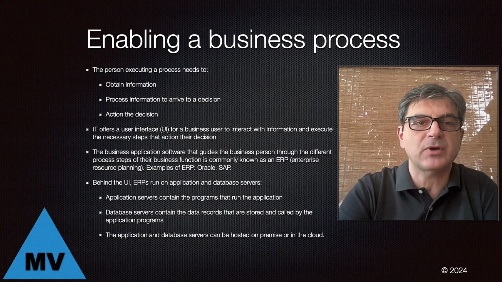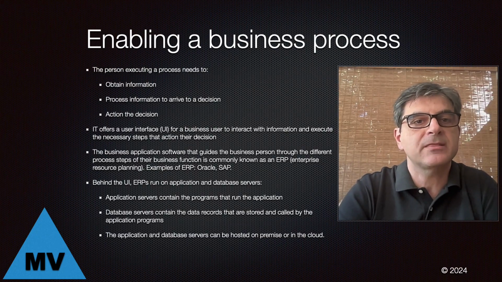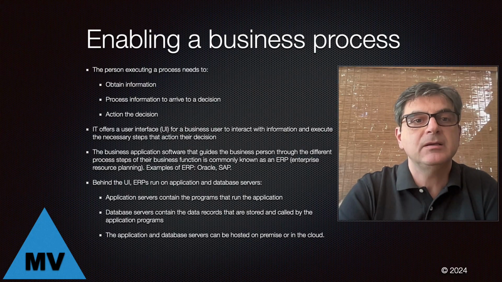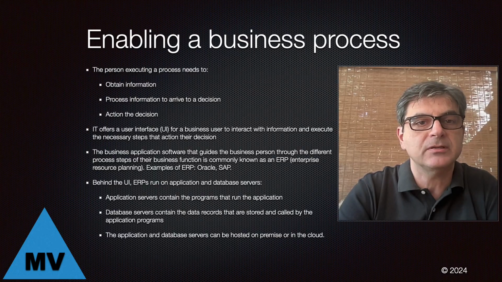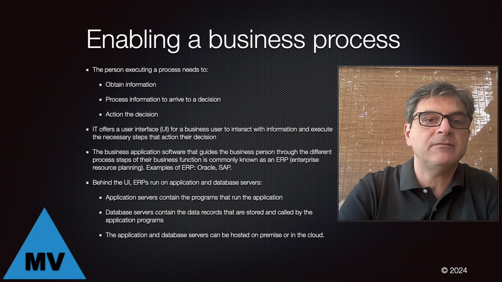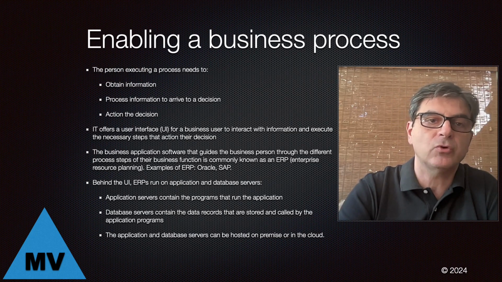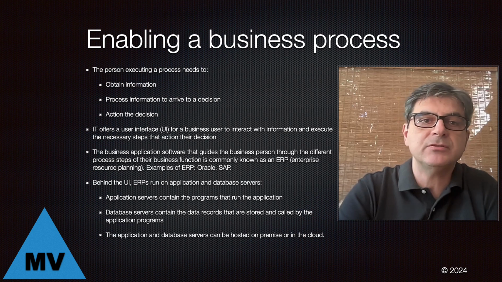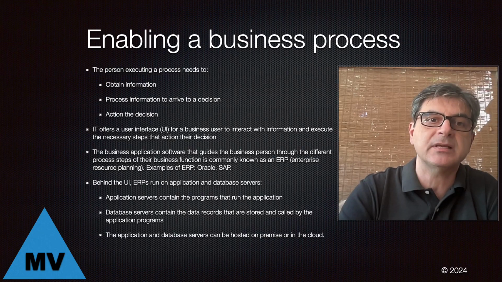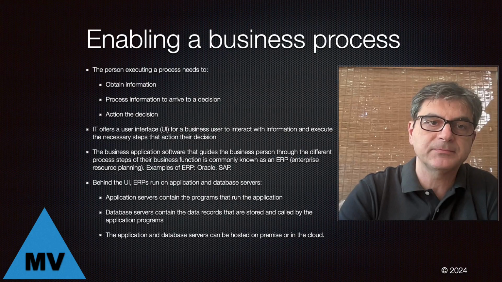Enabling a business process. The person executing a process needs to obtain the information, process the information to arrive to a decision, and action that decision. IT offers a user interface, or UI, for a business user to interact with the information and execute the necessary steps that action their decision.